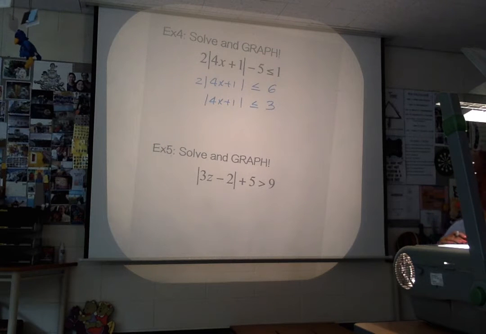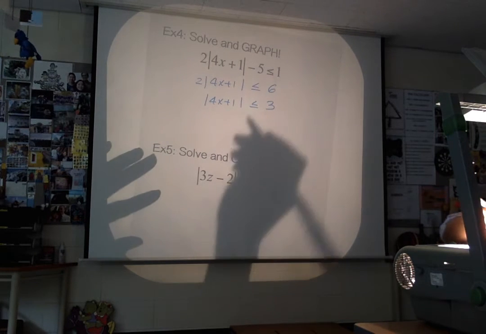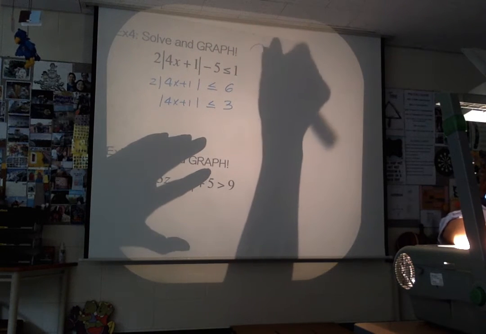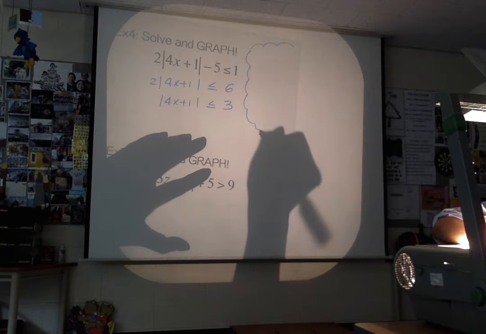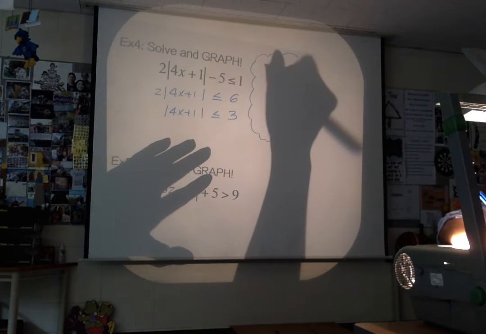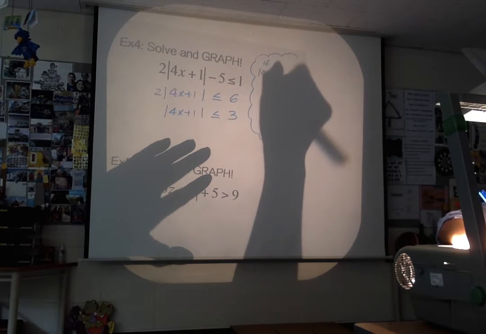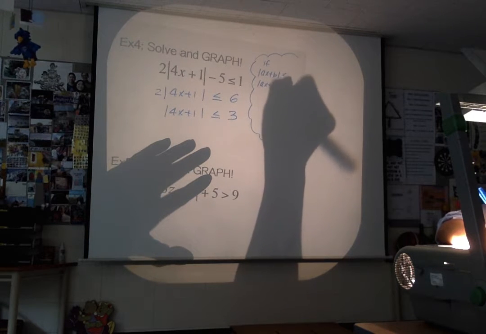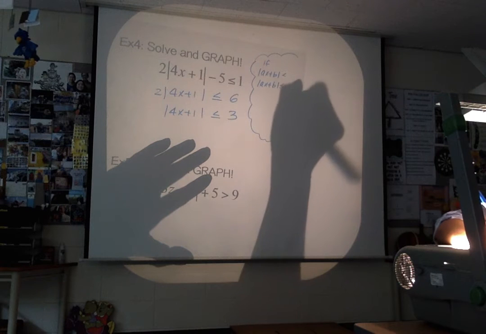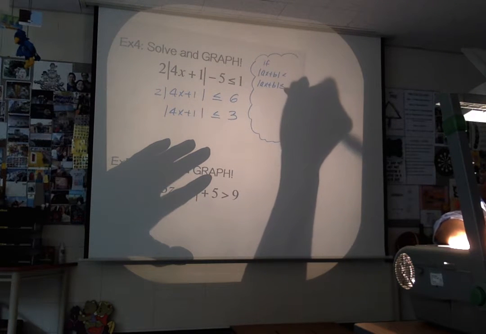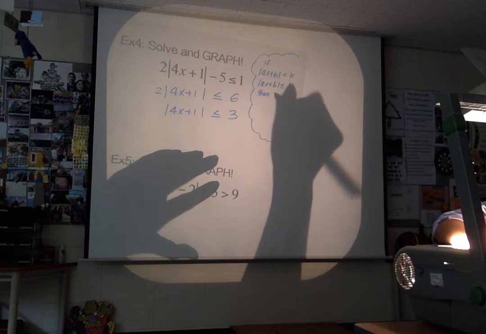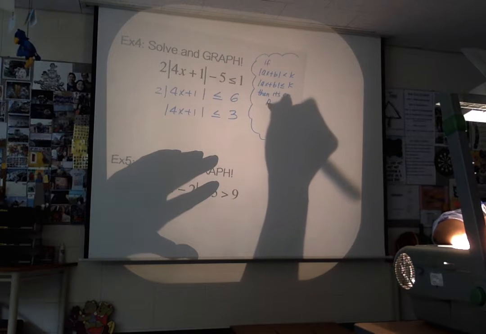But also I'm going to give you a little pointer here, okay? You guys, if absolute value of ax plus b is less than or equal to a number k, k being any constant, then it's an and graph.